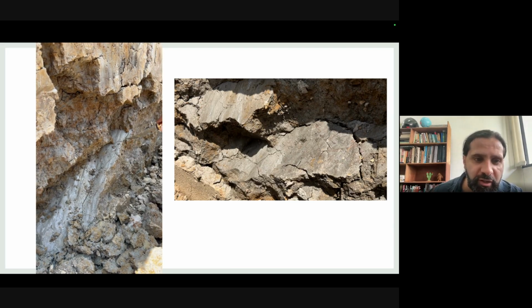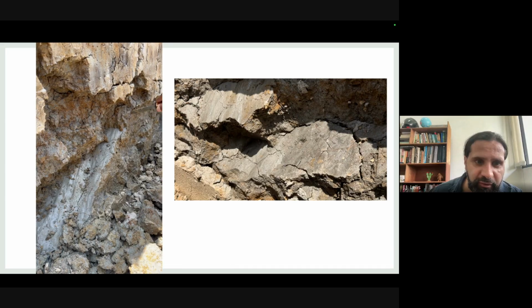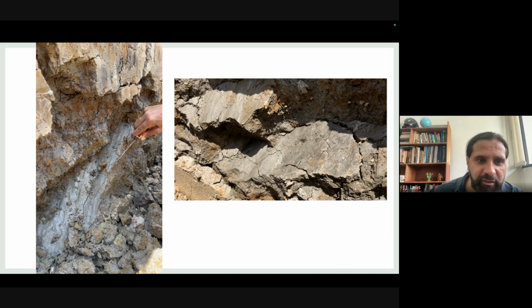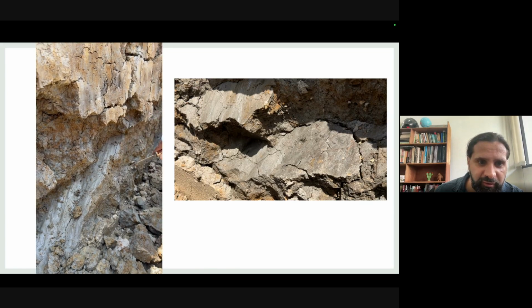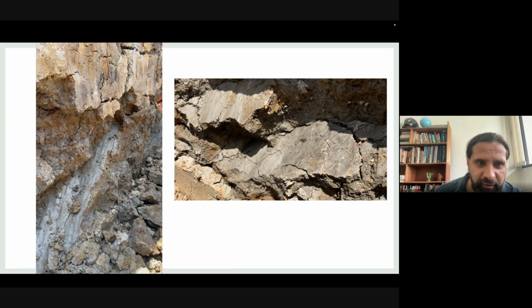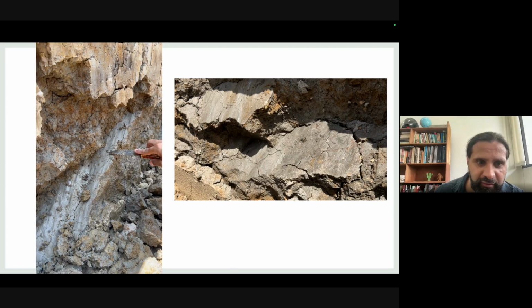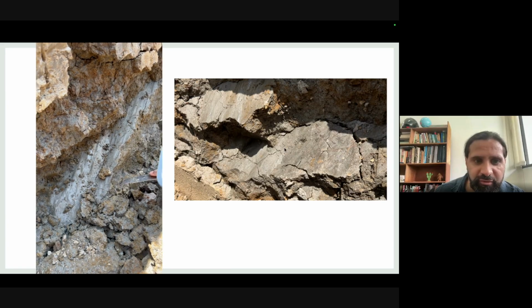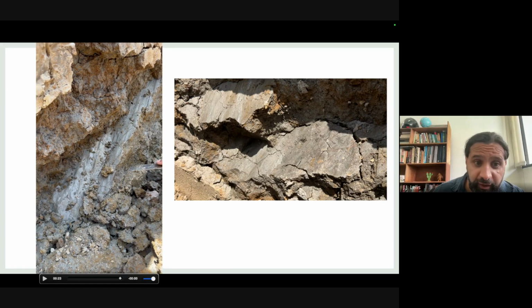Here is just a video where you can remove some soil and see these slickensides getting even more clear. Can you see that? It's amazing, right? It's wonderful, this kind of structure. They express that this soil is moving.